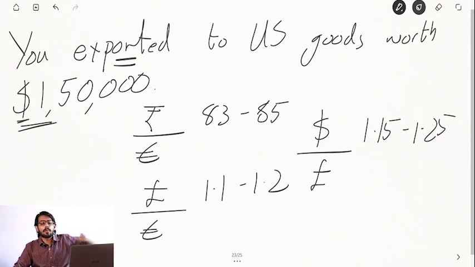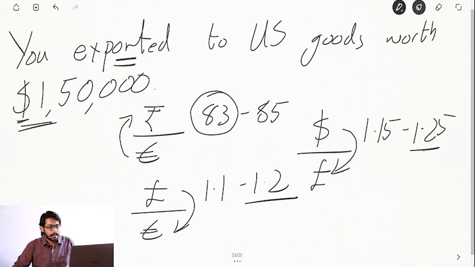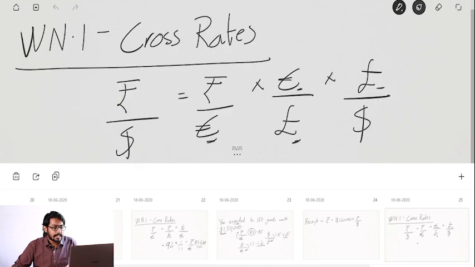You have to convert dollar to rupee. How will you do that? First convert dollar to pound, then convert pound to euro, then convert euro to rupee. Ask rate, bid rate. Okay. Rupee by euro bid rate is taken as it is, 83.